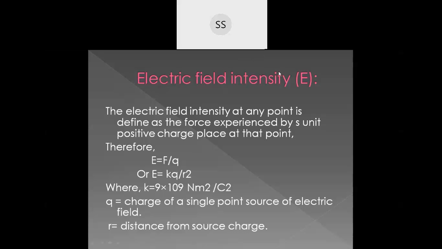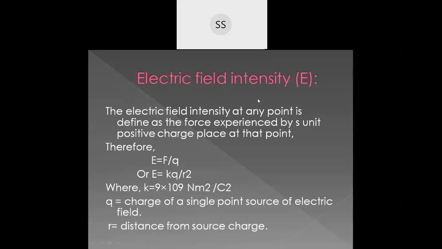The source charge can be either positive or negative, and it may or may not be a unit charge. That doesn't matter. But the test charge is always a unit positive charge.